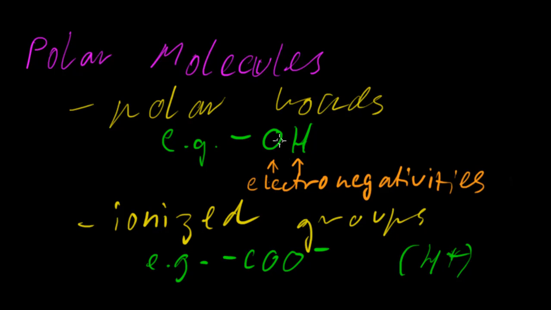The oxygen has a higher electronegativity, and the hydrogen has a lower electronegativity, and because of this the oxygen is able to attract the hydrogen's electron closer to its atomic nucleus than the hydrogen is able to attract that same electron, or different electrons, to its atomic nucleus.